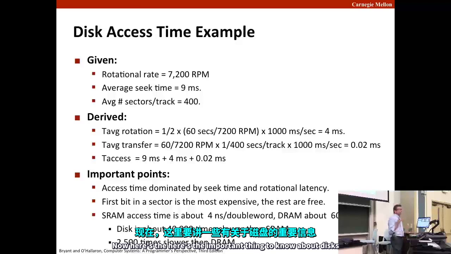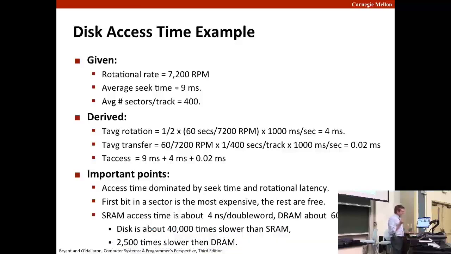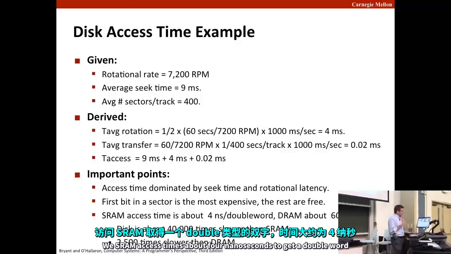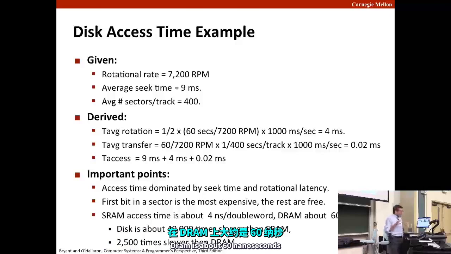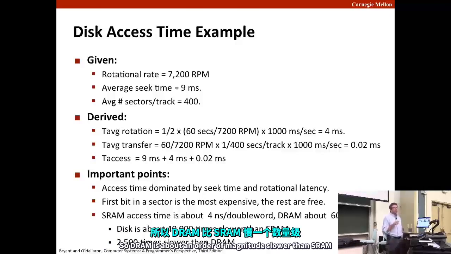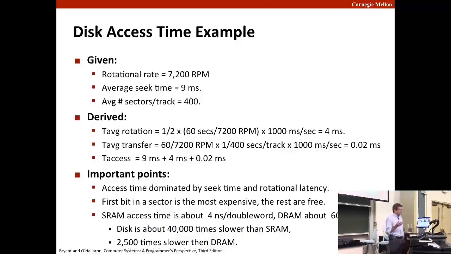Now, here's the important thing to know about disks. SRAM access time is about 4 nanoseconds to get a double word. DRAM is about 60 nanoseconds. So DRAM is about an order of magnitude slower than SRAM. But disk is about 40,000 times slower than SRAM, and about 250 times slower than DRAM.